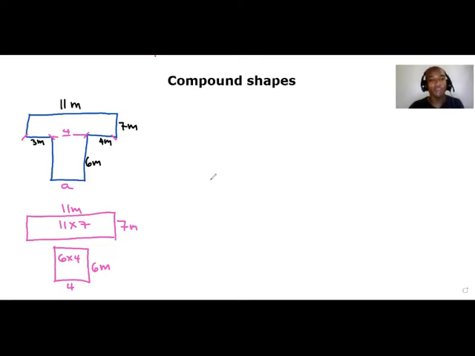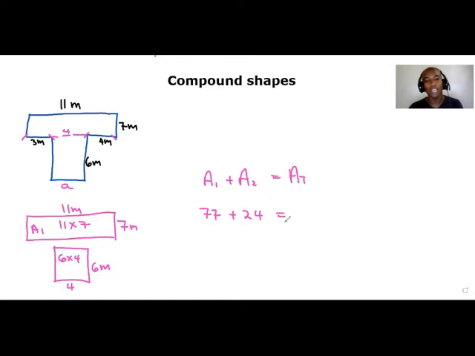But technically we have 2 areas here, so area 1 plus area 2 would give us area T, where T stands for total area. Supposing this one here is area 1, the area of 1 is 77 meters squared. And area 2, in this case, would be 24.